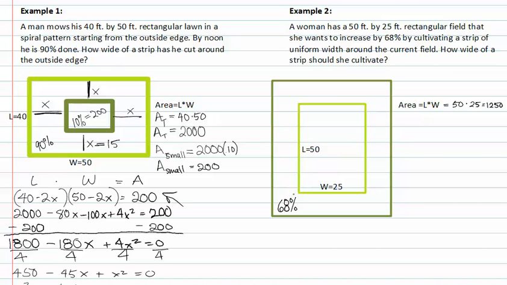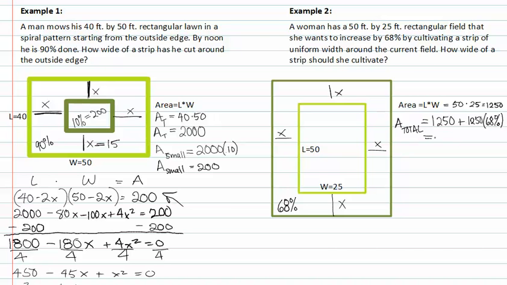If we want to find the increase of this outer uniform strip, we will have to find out what 68% of 1,250 is to get the area total for the new field. This will be 1,250 plus that new 68%, which will be 1,250 times 68%.